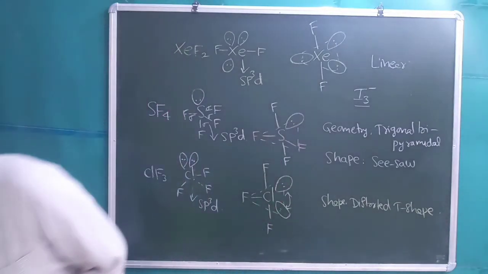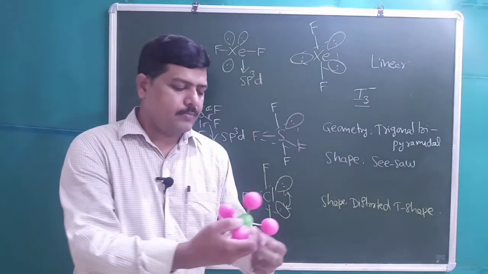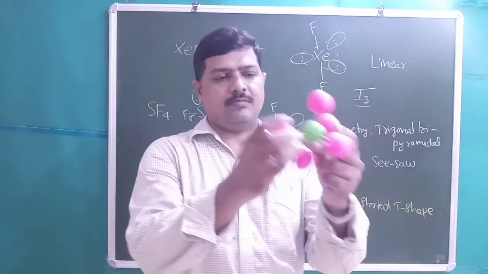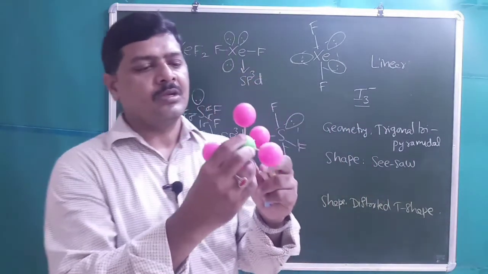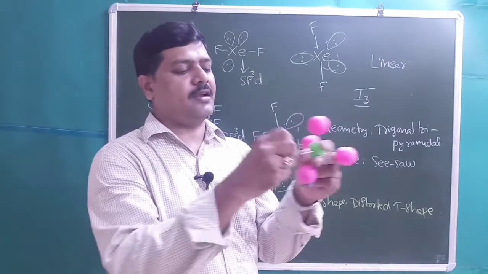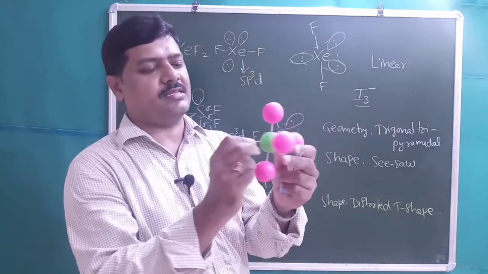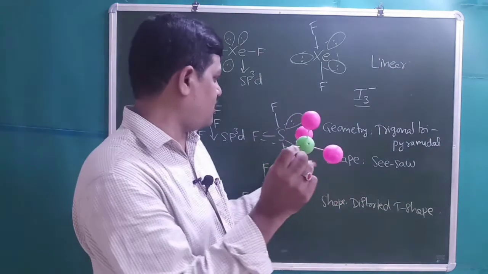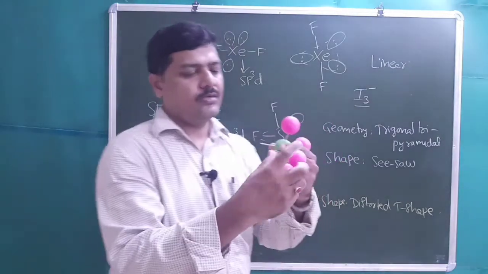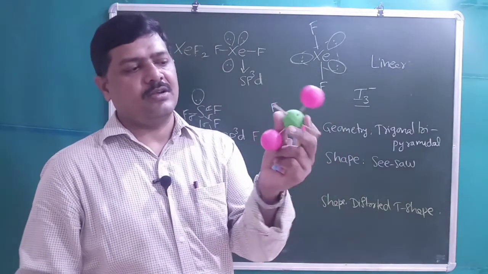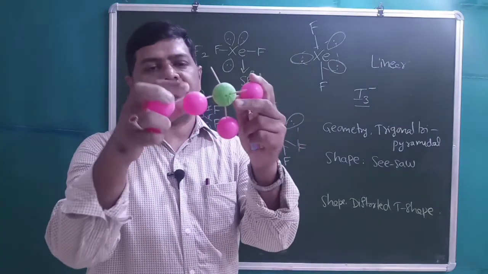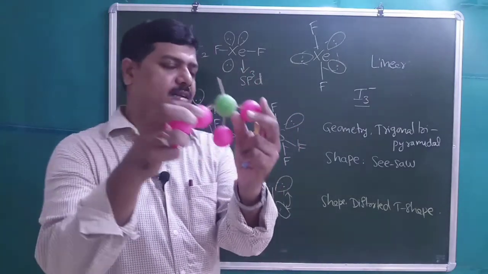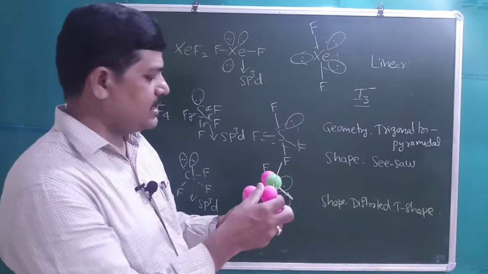Students, this is the PCl5 molecule geometry; its shape and geometry are the same, right? When there is one lone pair, remove this one, the axial position, this is called a seesaw, SF4. Two lone pairs are there, remove this one; because of repulsions between these two, this will bend like this, distorted T shape, ClF3, right?